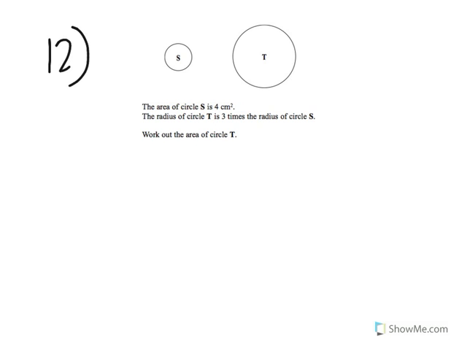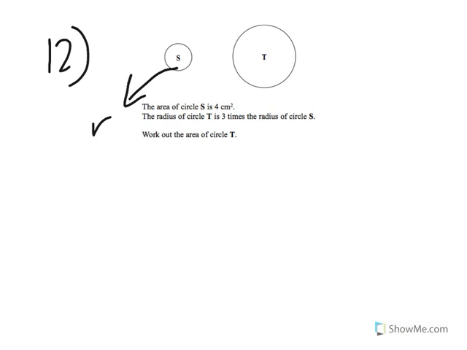So first of all, what is area? Area is nothing but length squared. And since we don't really have pi or anything, this is kind of an approximation, because pi is always a constant. So we're just going to forget the pi's for now. Let's say the radius of circle S is r, okay?